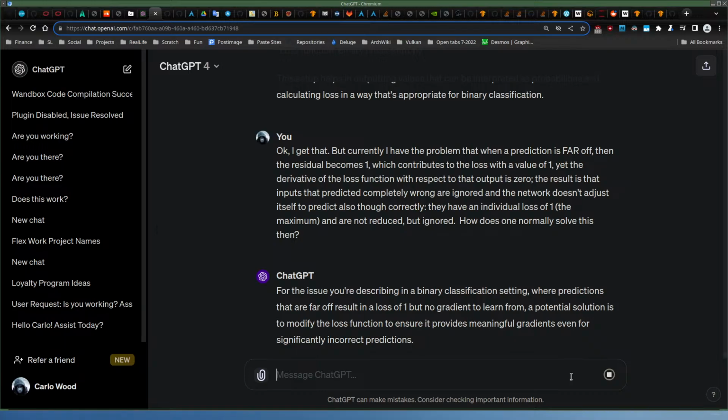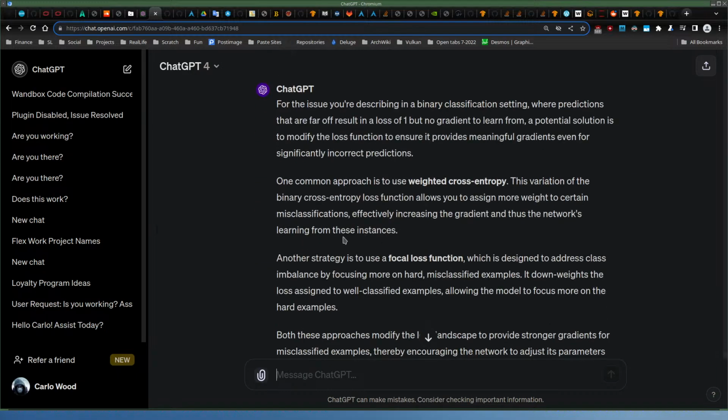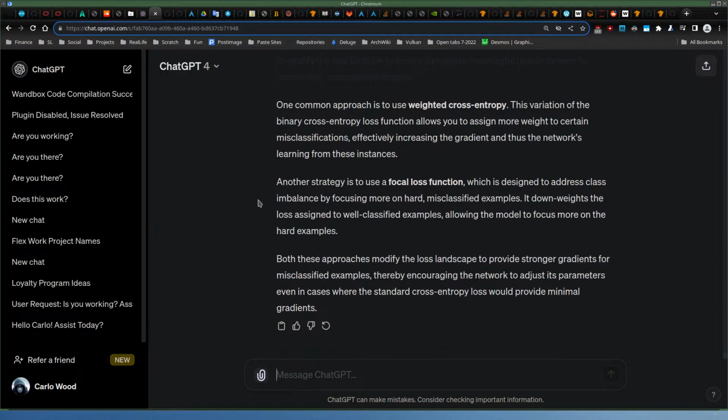All those typos. Just not change the activation function, but change the loss function.